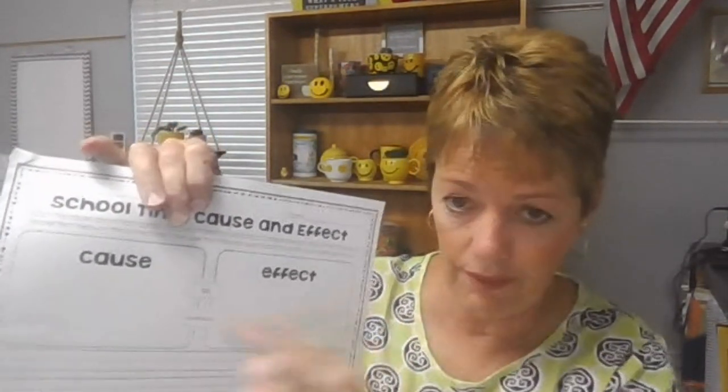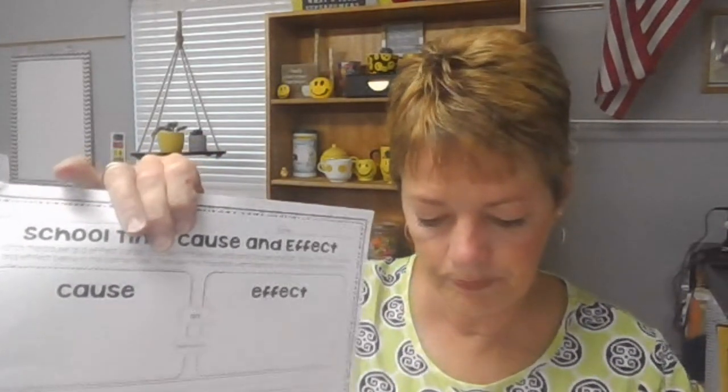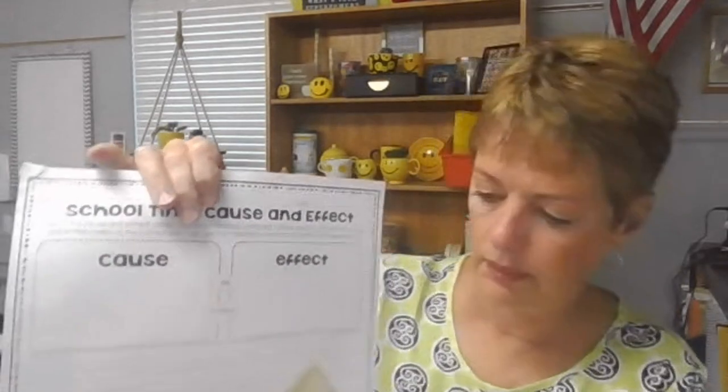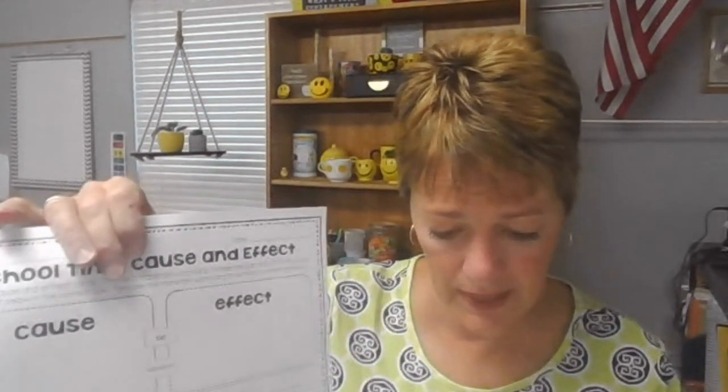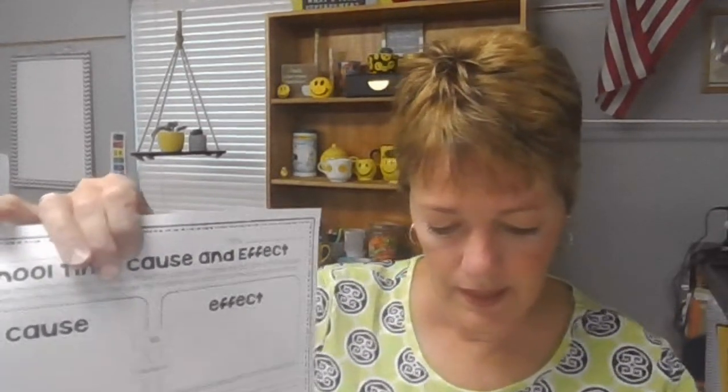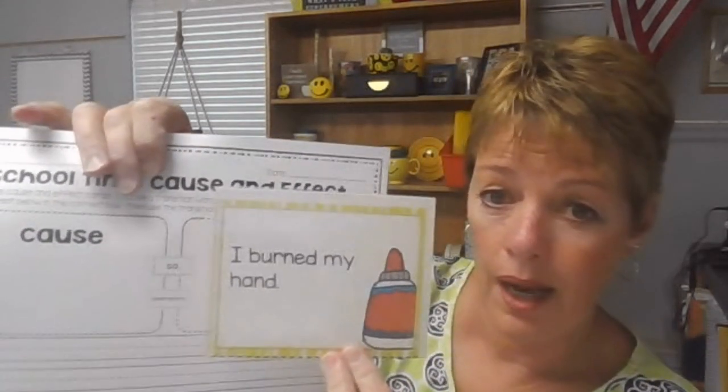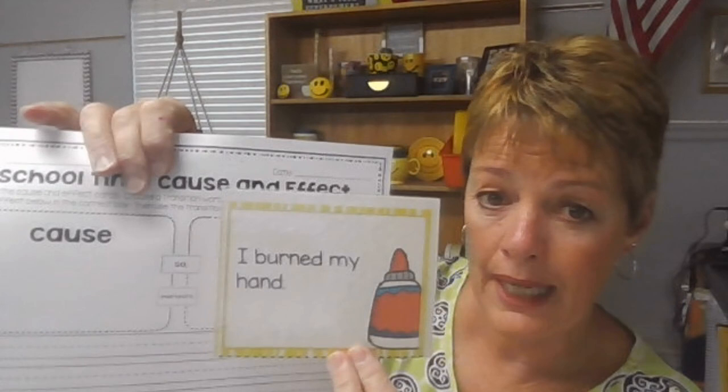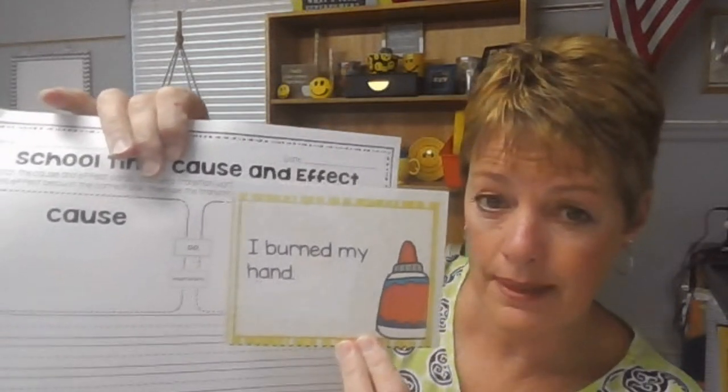So you still have I touched a hot pan. So I got to open presents. That doesn't make sense. I touched a hot pan. Therefore, I burned my hand. Does that make sense?